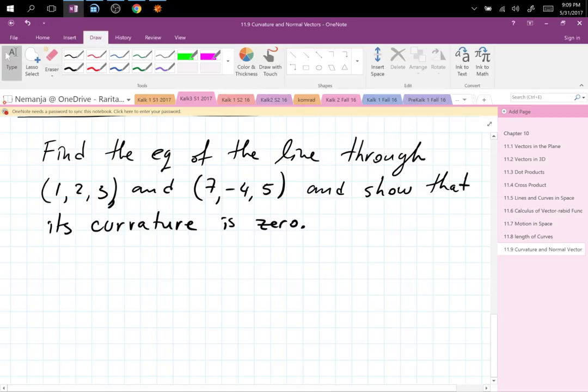Just t times one, magnitude t times one, t times zero. Now take the derivative, the r prime.